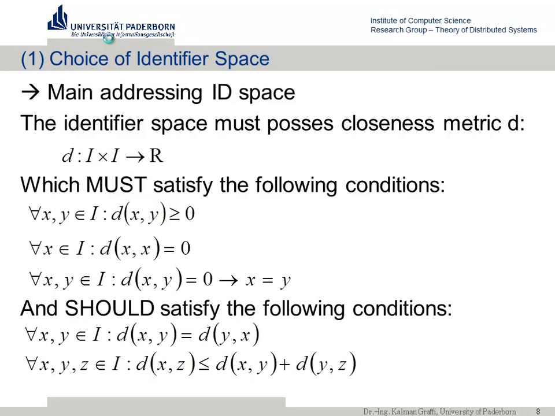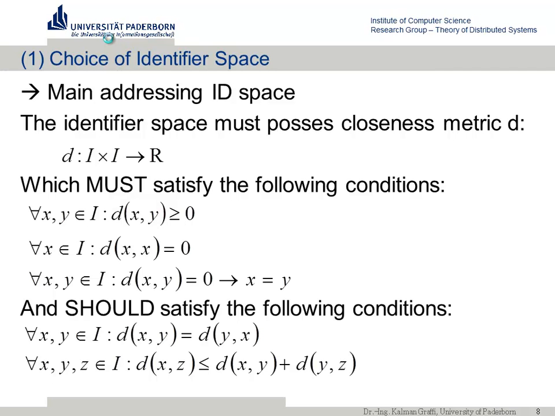Upon these IDs, we want to have a metric. That means for 2 IDs, we want to have a number out of it, in R, and it should be positive. The distance between x and x should be 0, and if the distance is 0, then the two identifiers are equal. That's part of the metric.